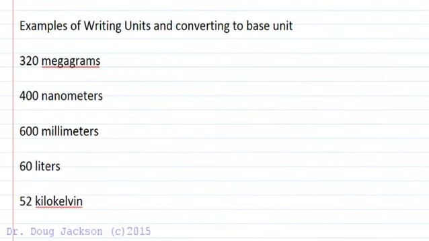Let's talk about using these prefixes and writing these units that I've given you here and converting them to a base unit. So 320 megagrams would look like this. Capital M, lowercase g for grams. So we combine the prefix with the base unit. Okay, not necessarily the SI unit, kilograms the SI unit, but the base unit is grams here. So what does that mean?